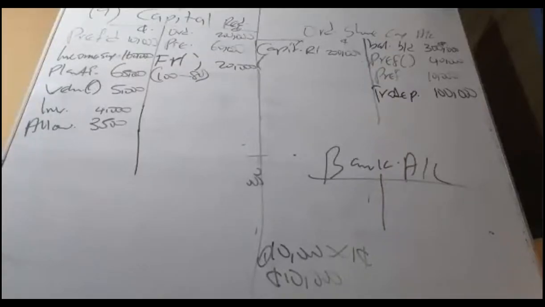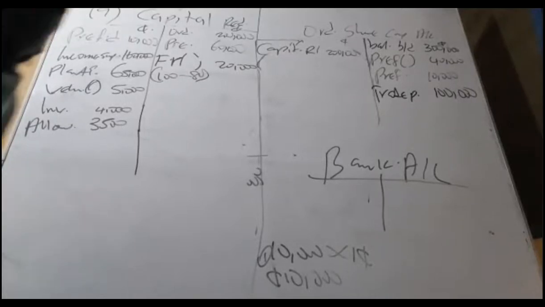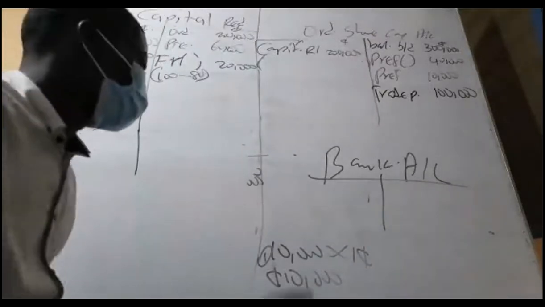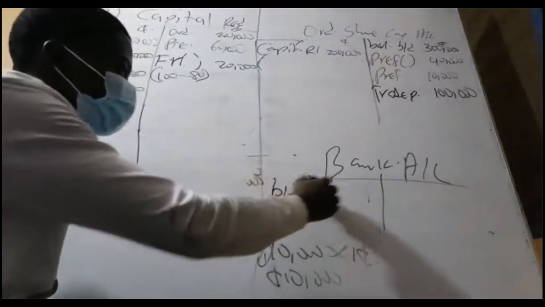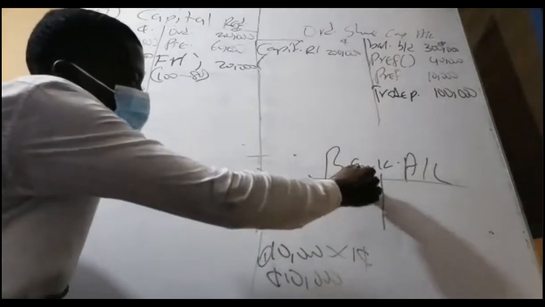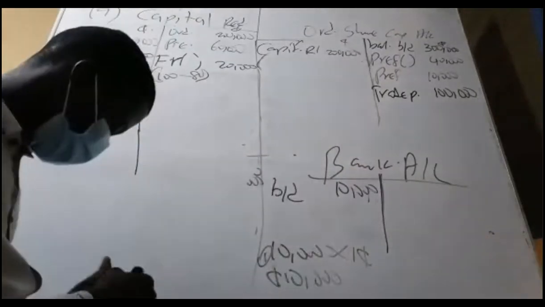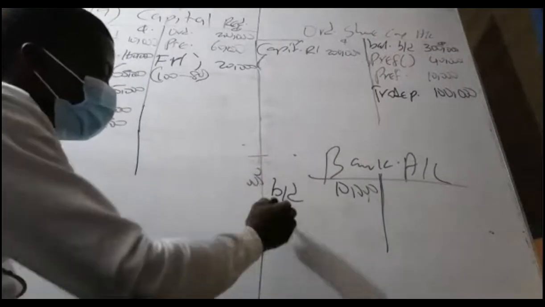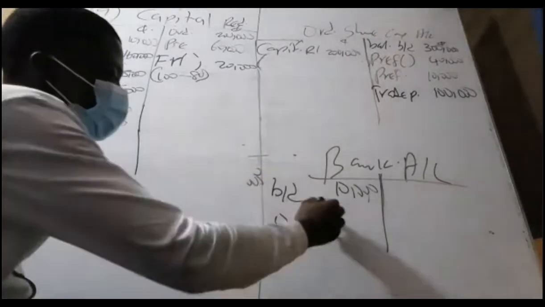So let's go to the bank account. This is the bank account. The balance brought down will be 10,000 at the debit side. And then they've issued additional shares of what? 90,000. So right here, bank 90,000 is going to ordinary shares.